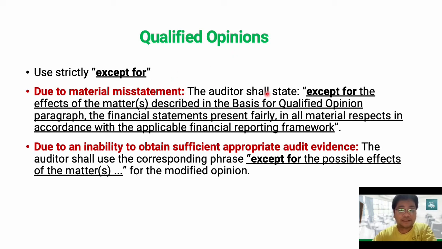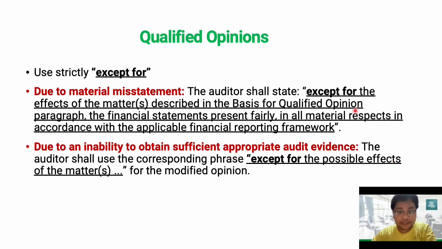So we will state that the financial statements are still fairly stated except for the effect of the matter discussed or described in our basis for qualified opinion paragraph. Okay? Now, on the other hand, if the effect is due to inability to obtain sufficient and appropriate evidence, our wording, instead of "except for the effect," we will use "except for the possible effect."